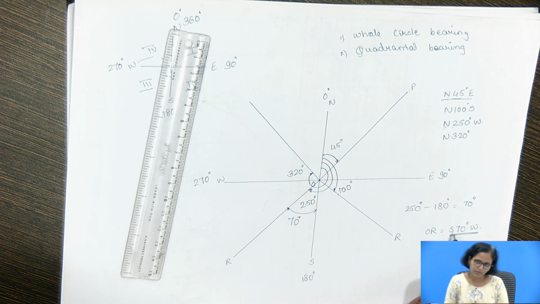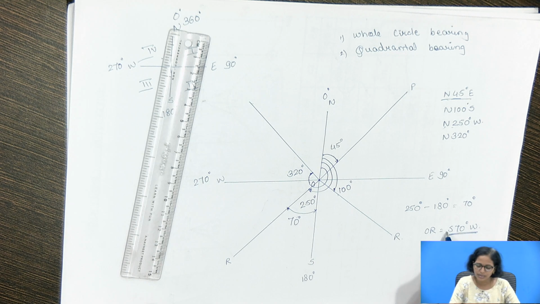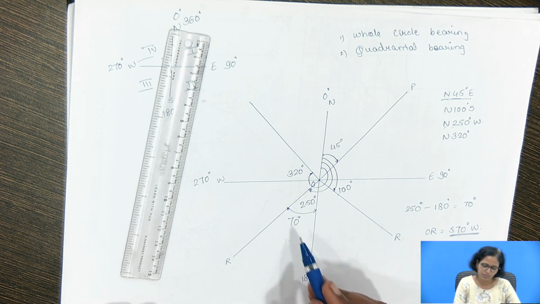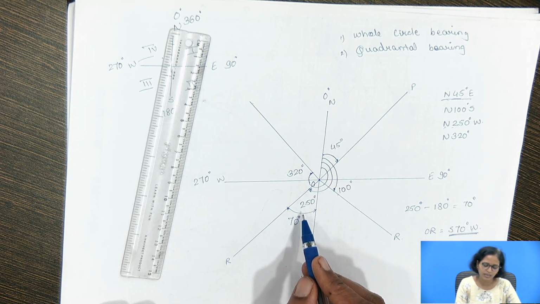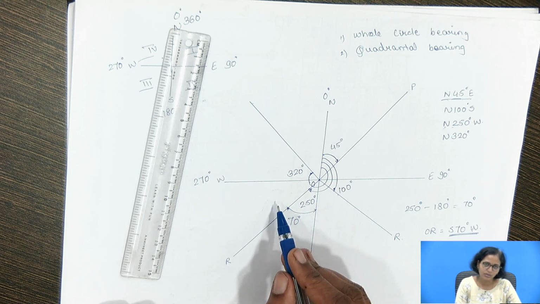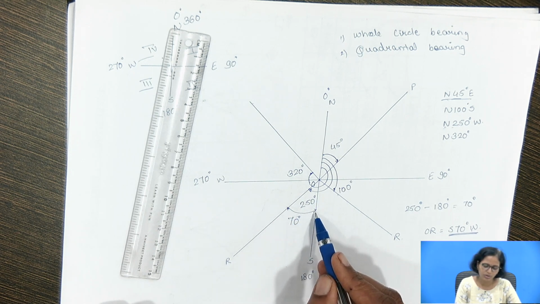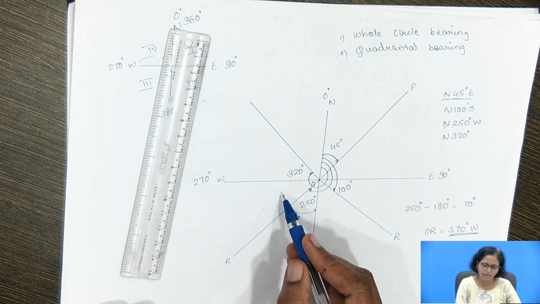If the angle is given to you as south 70 degrees west, that means this bearing has to be measured with respect to south, and it is going from the south towards the west direction. So the bearing has to be drawn in the third quadrant, where from the south it is moving towards the west direction.